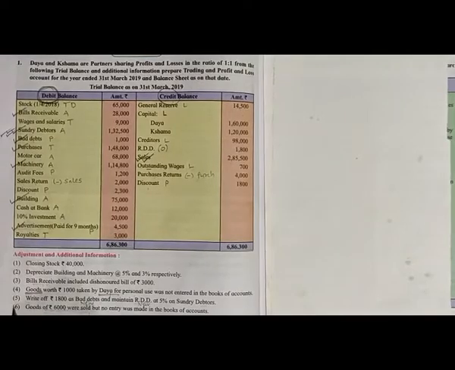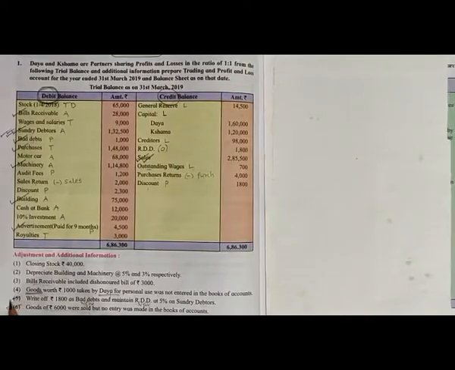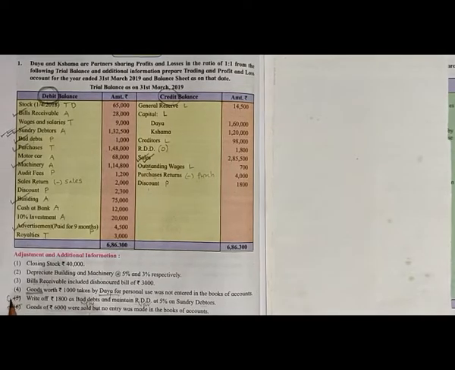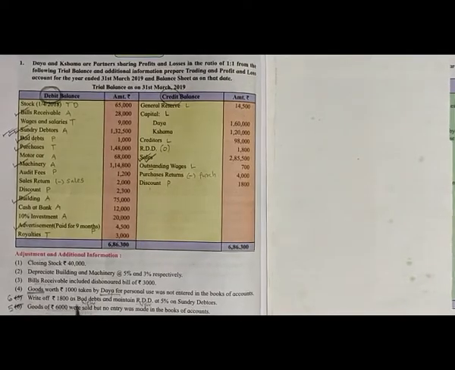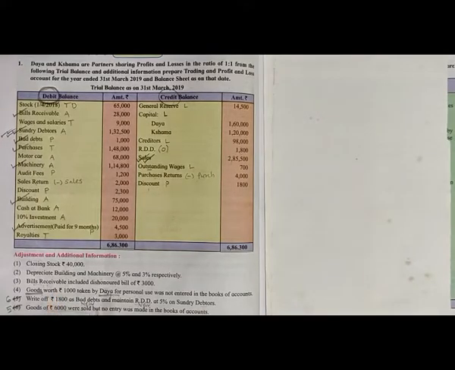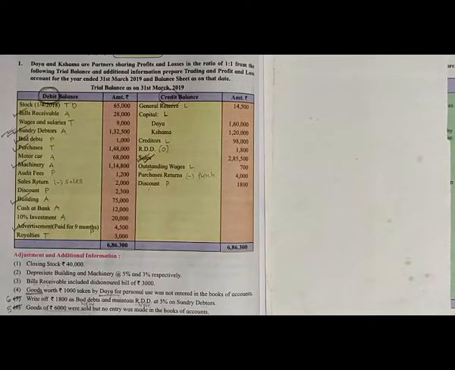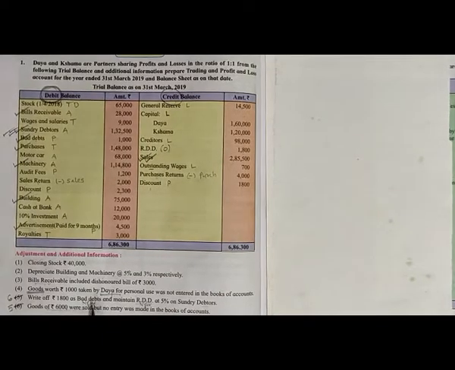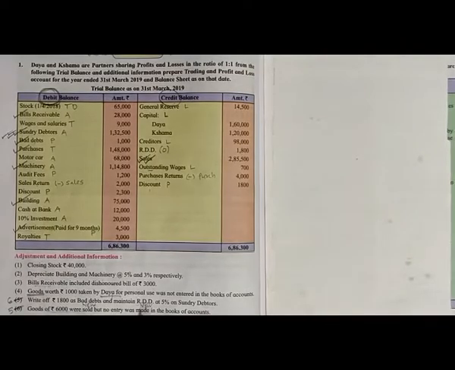So we will record this as adjustment number 5 and this as adjustment number 6. Remember, normal adjustments like bill receivable and unrecorded sales are to be solved first. Later on you have to solve new bad debts and new RDD adjustments.